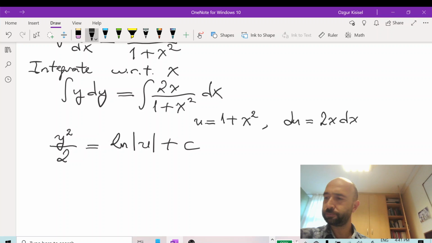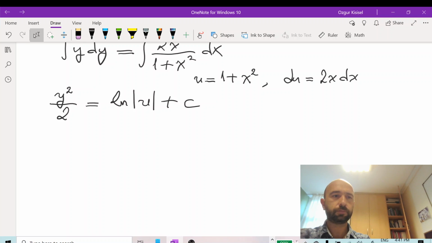This is fine. Okay, then we can back substitute u. And I can also multiply by 2, so it's 2 ln of the absolute value of 1 plus x squared, but that's positive anyway. So I can just write that.